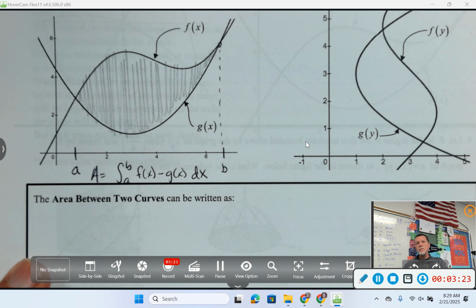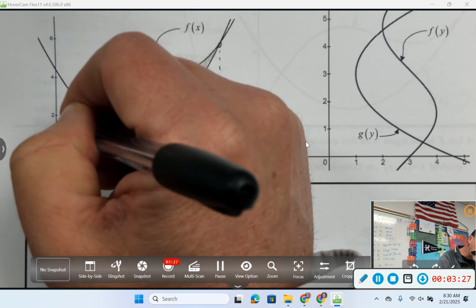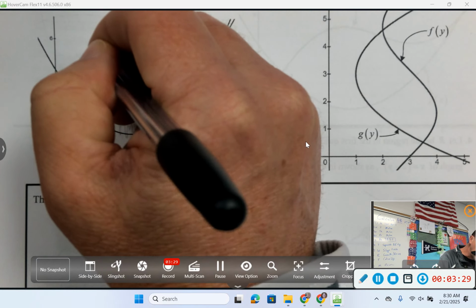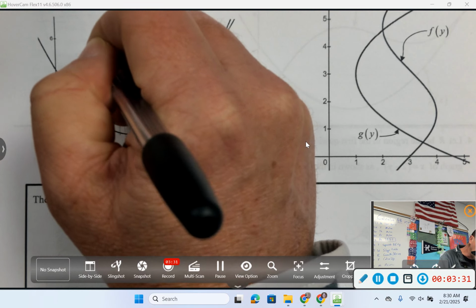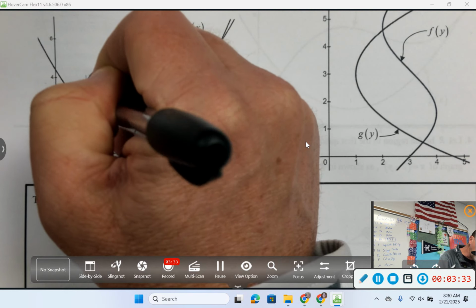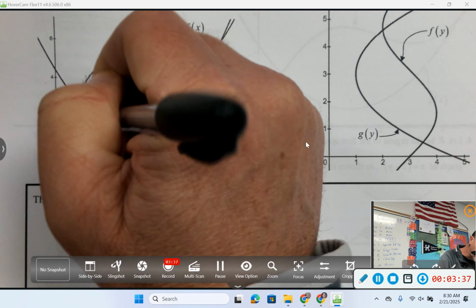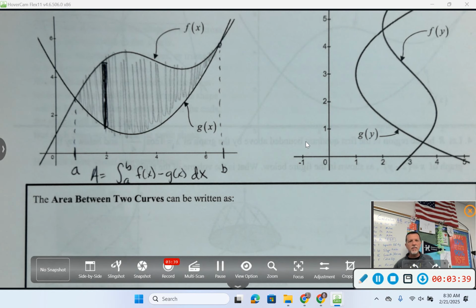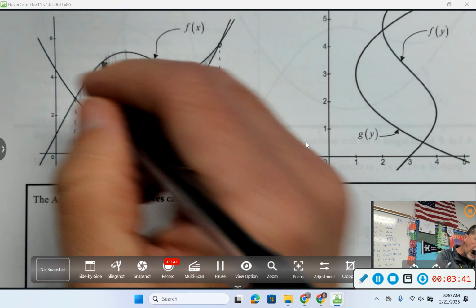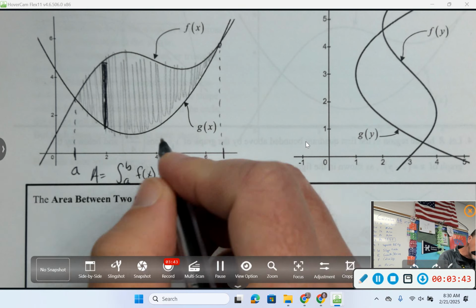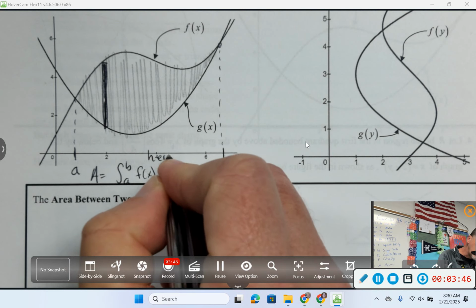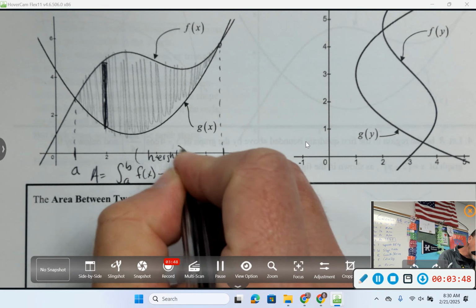That's taking the big picture approach to it. The whole area minus the missing area. Another way to think of it, and this will help moving forward next week, is to think of each little piece like we're adding up a bunch of rectangles. f minus g is the height of that rectangle.